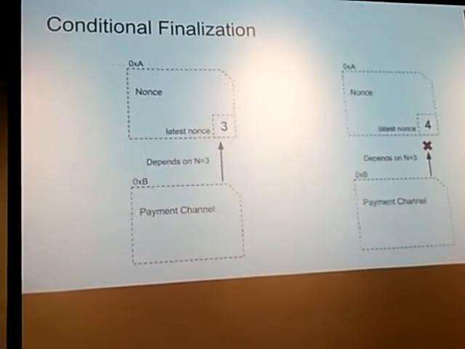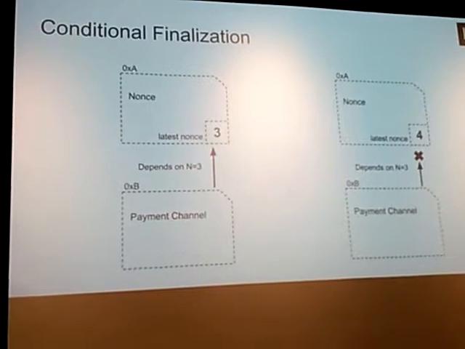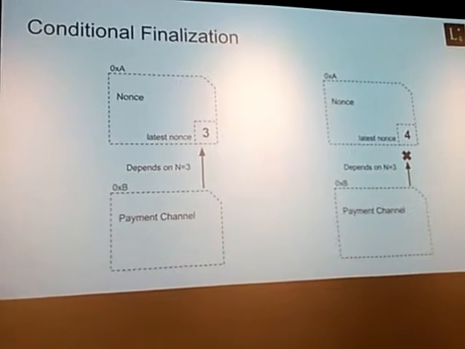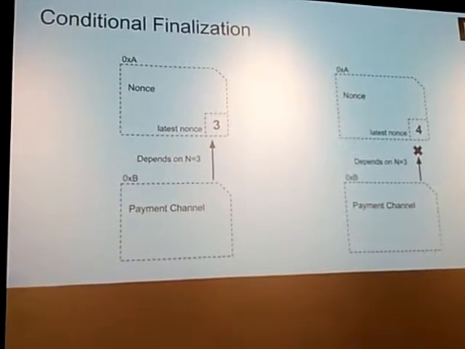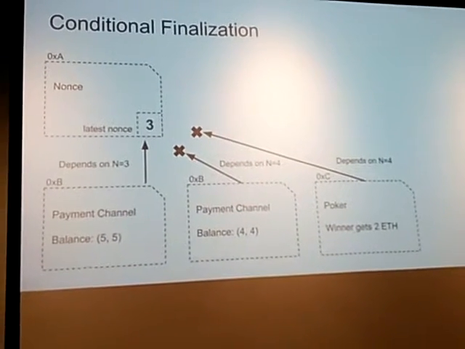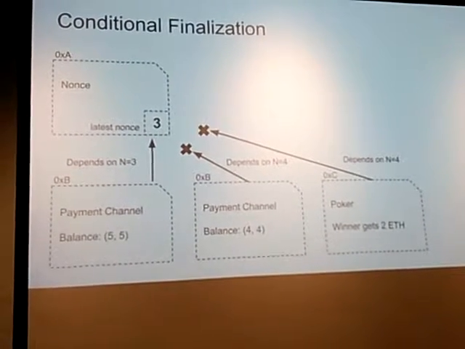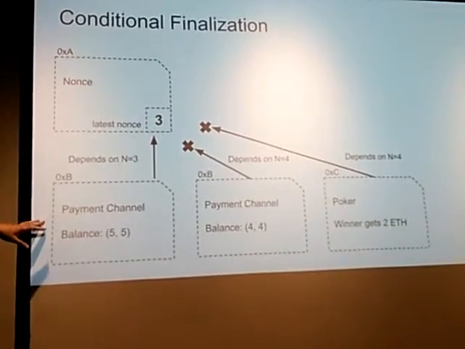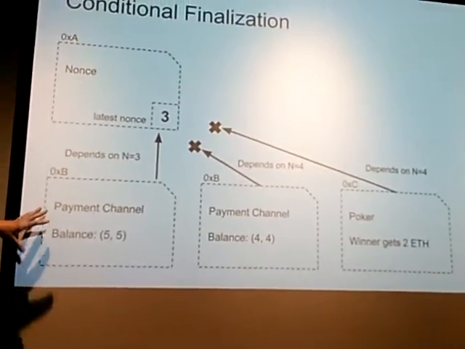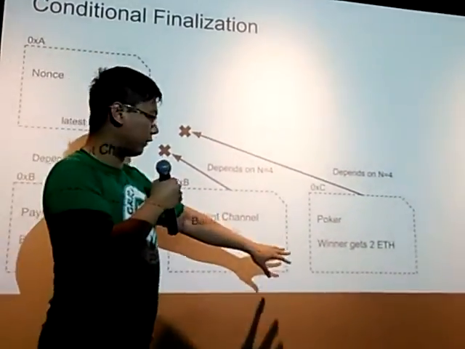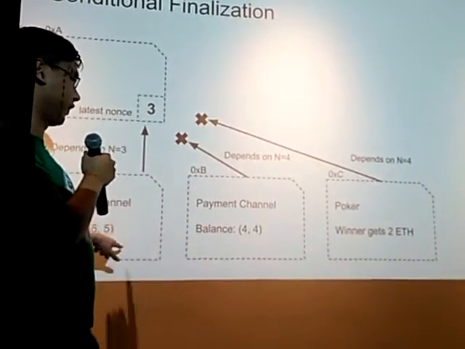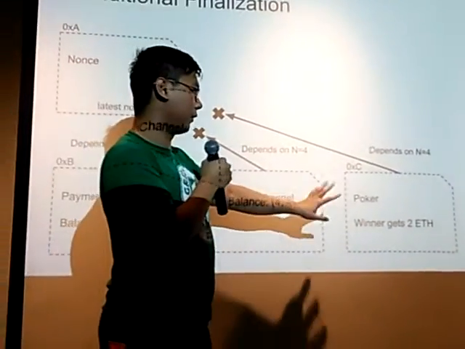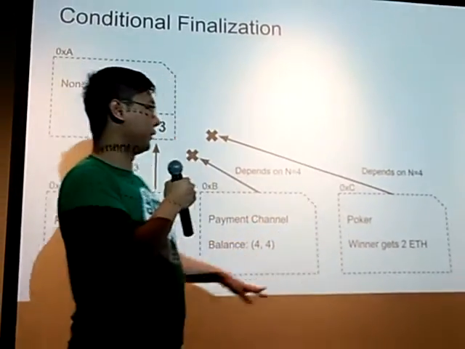And arranging things in this structure allows us to do things like atomic state transitions within a channel. So if you have a channel that currently has only a payment channel, what we can do is set up two other counterfactual objects, a payment channel with a smaller balance, and a counterfactual object where the winner gets to leave.